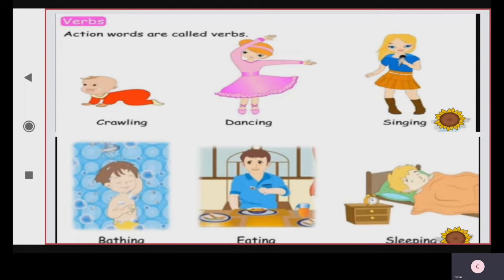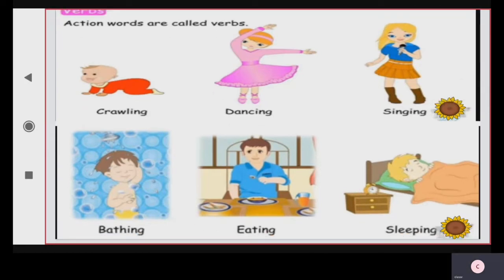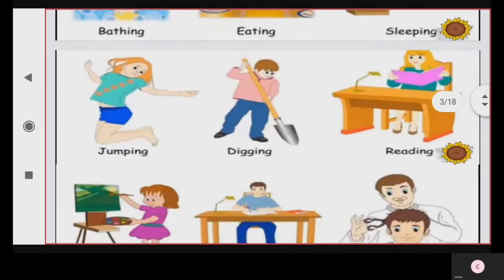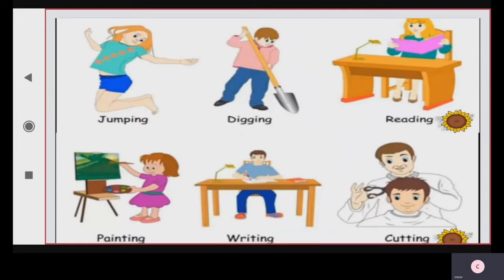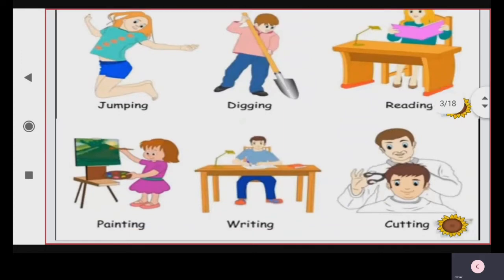Action words are called verbs, like crawling, dancing, singing, bathing, eating, sleeping, jumping, digging, reading, painting, writing, and cutting, etc.